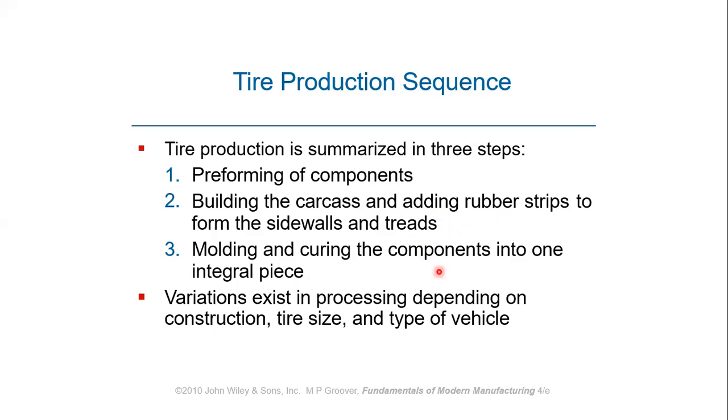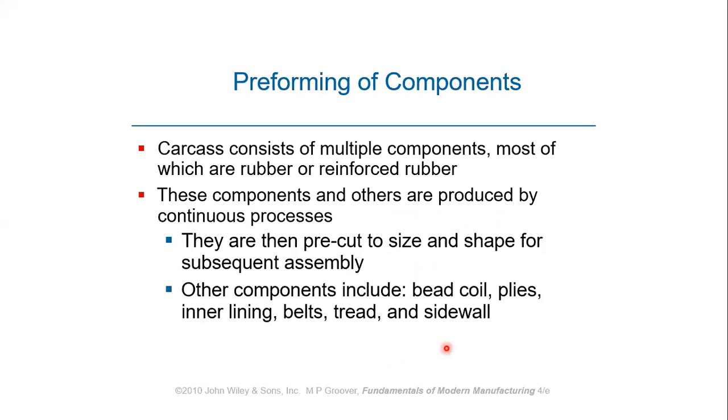Third, you put it into a mold and do the curing. Variation exists depending on the vehicle types, and the manufacturing process can differ based on the different requirements of various companies.